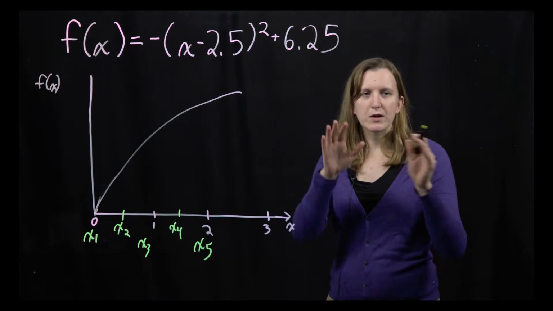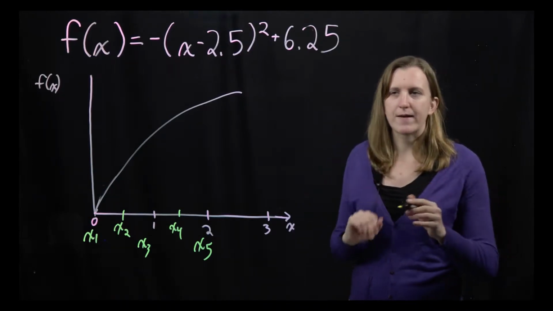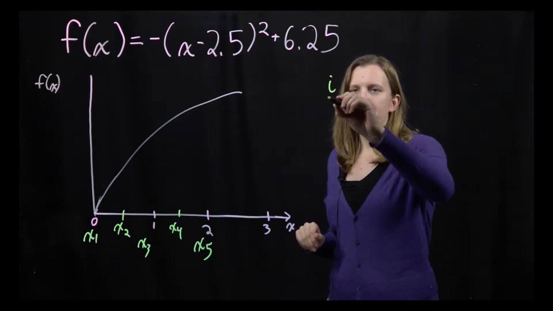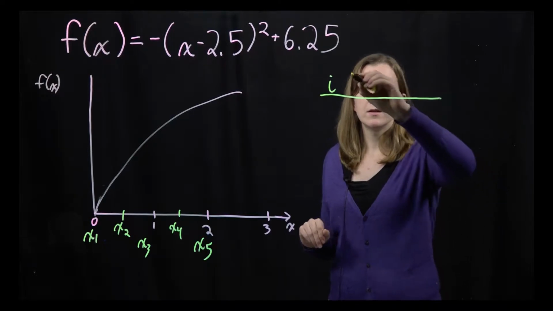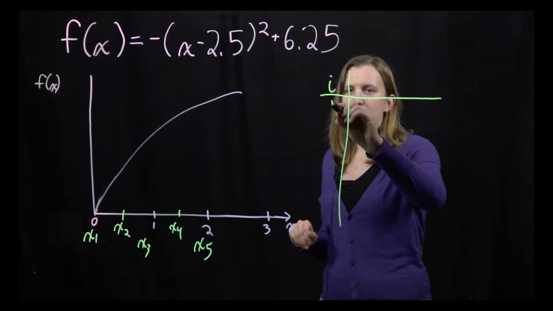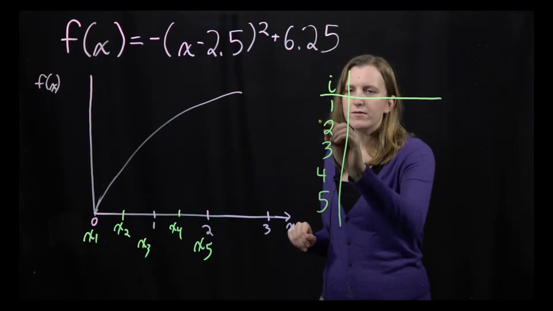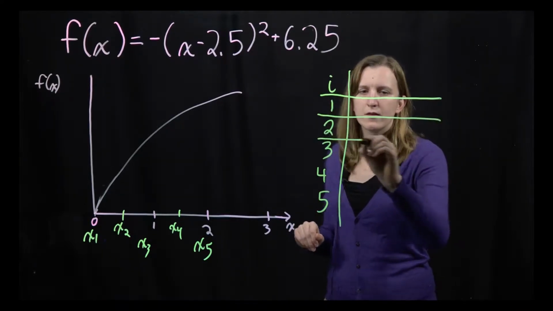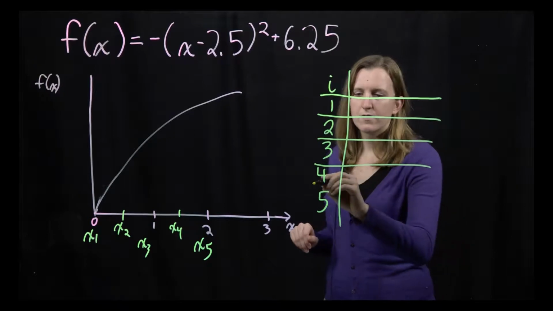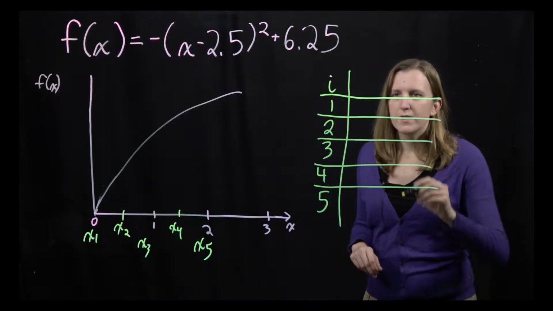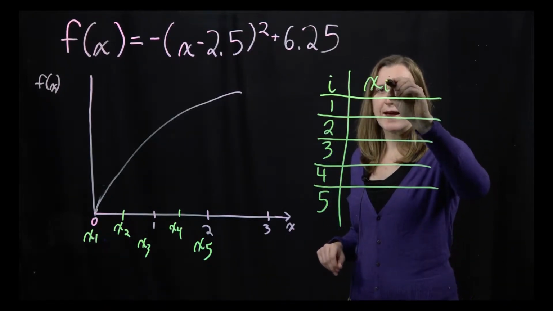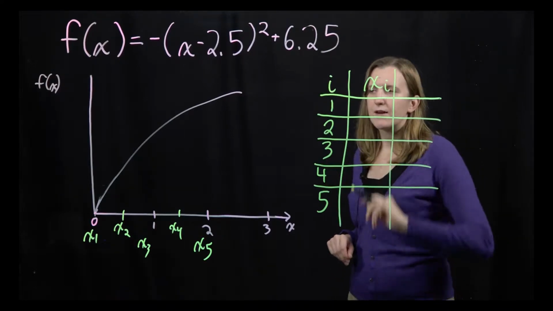So what we're going to do is start building up a table with our different values. Our table is going to have 3 columns. We'll have 1, 2, 3, 4, and 5. And then we'll have our value of x for that given i value.